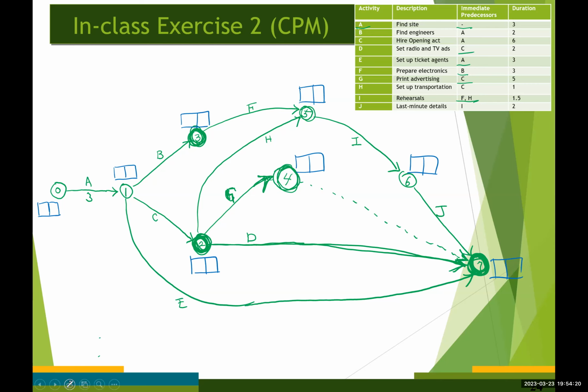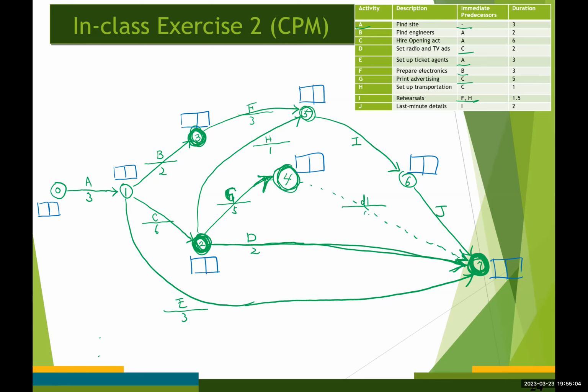And I forgot to put the duration on this network diagram. So let me do that. 2, 6, 2, 3, 3, 5, 1, and this is dummy 1.